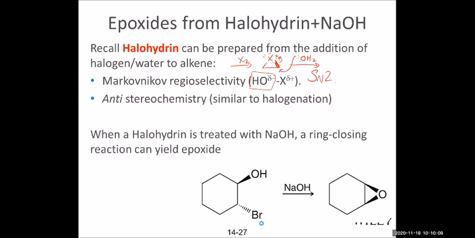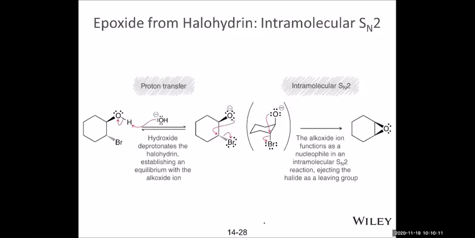Start from the halohydrin. And the reaction mechanism starts with the deprotonation. As you remember, the neutral hydroxy group, this entire thing is an alcohol, which is a nucleophile, but not a very strong nucleophile.